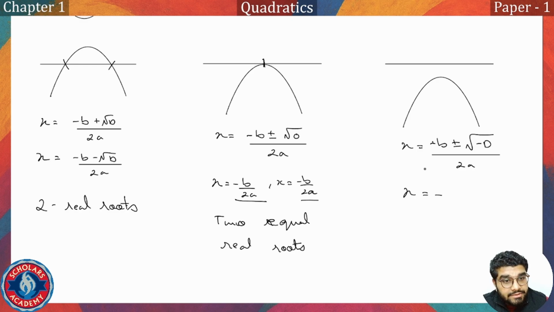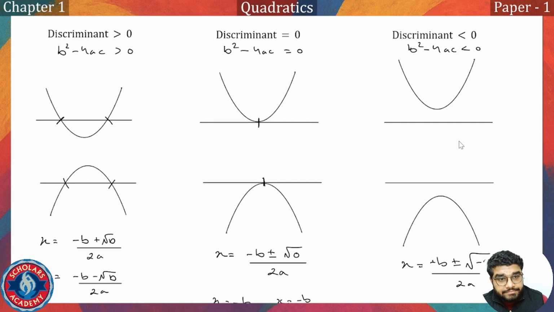So we get x is equal to minus b plus minus root of d iota by 2a. Iota means it's an imaginary number. It means both the roots are imaginary numbers. So we never get a real root whenever our discriminant is less than 0. I hope it is clear.